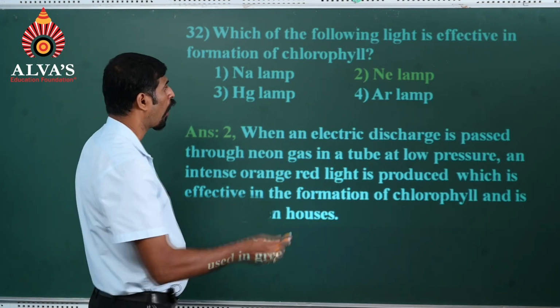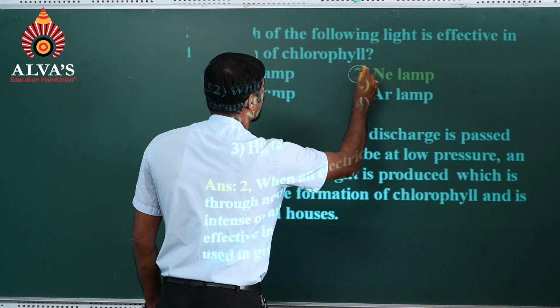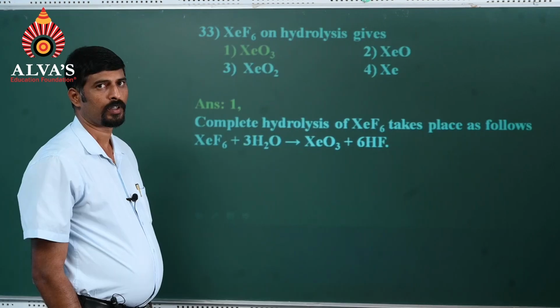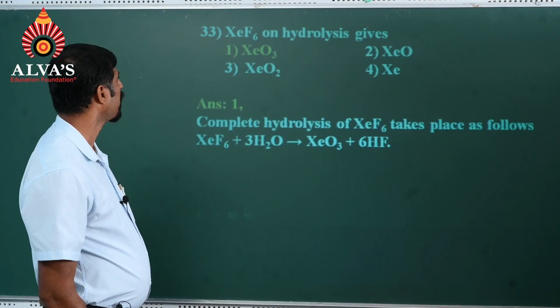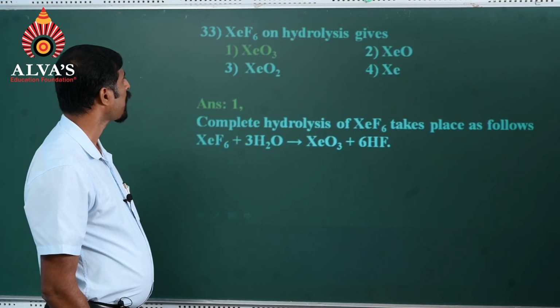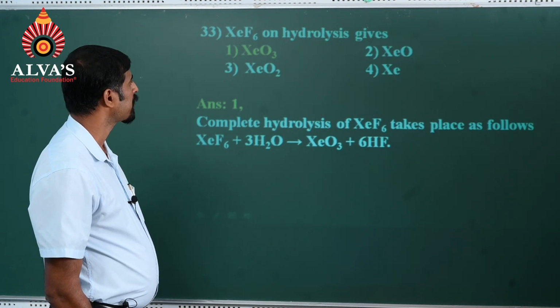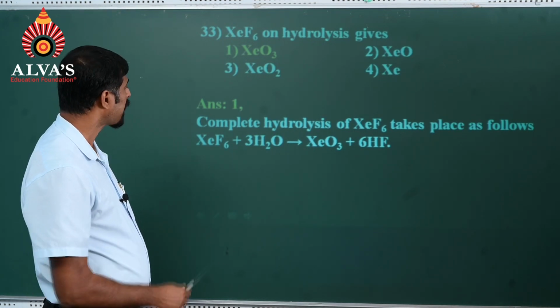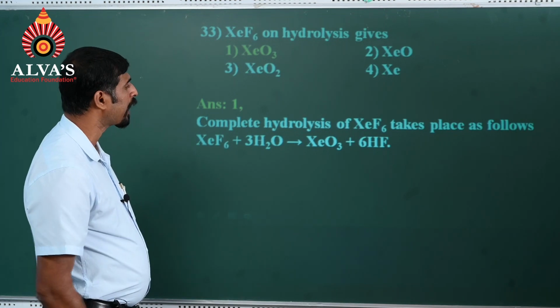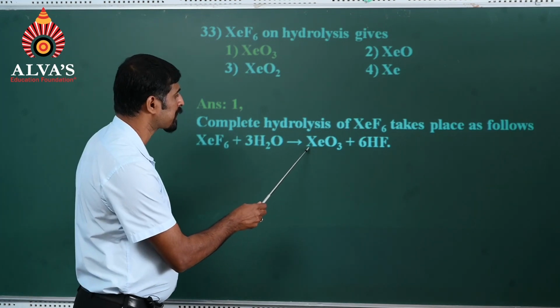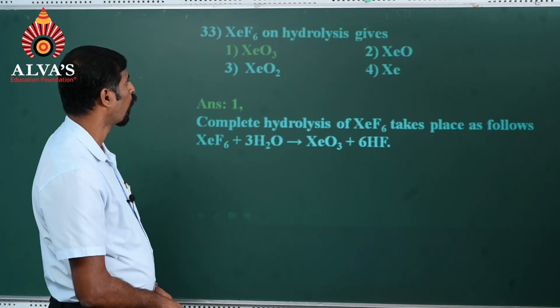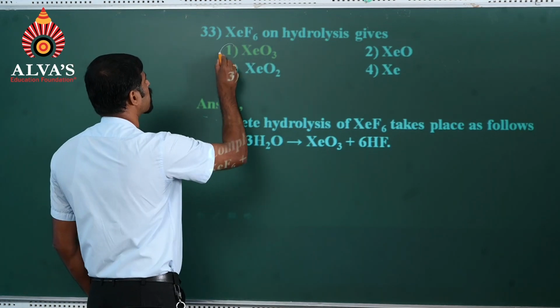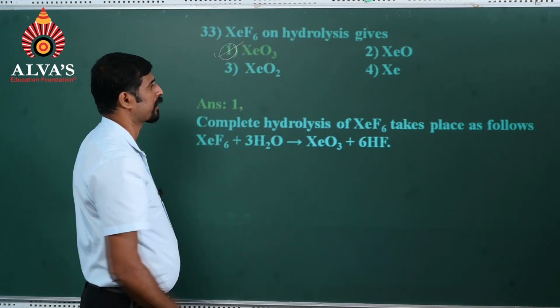So therefore, option second is the right answer. Next, move on to question number 33. XeF6 on hydrolysis gives. XeF6 on complete hydrolysis gives XeO3. Therefore, option first is the right answer.